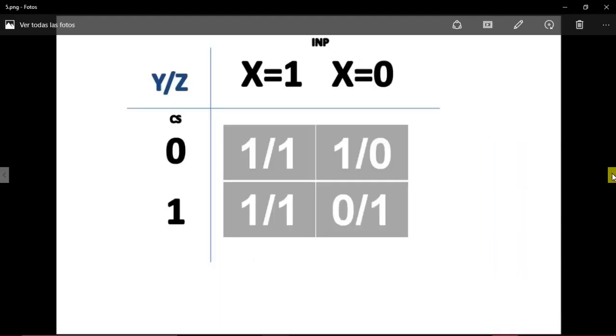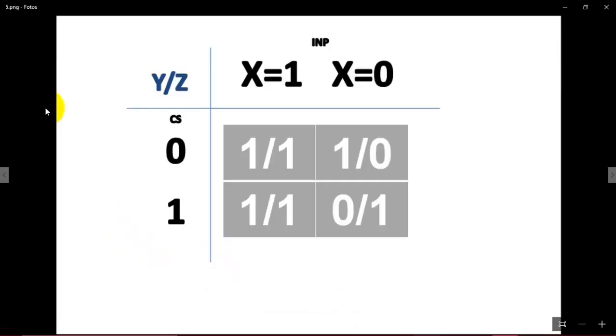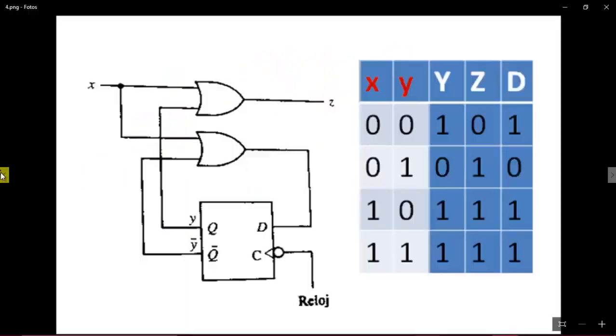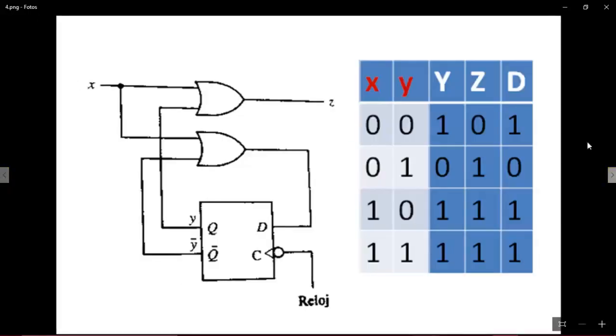So once we have our truth table, we are going to build our state table. In the state table, here we have our current state and here we have our inputs. We have two possible inputs, x equal to 1 and x equal to 0. In our truth table we are going to have our inputs and our states, so for that we have x and y.